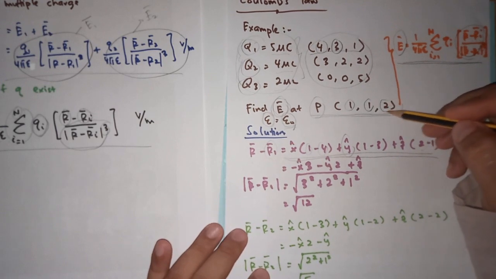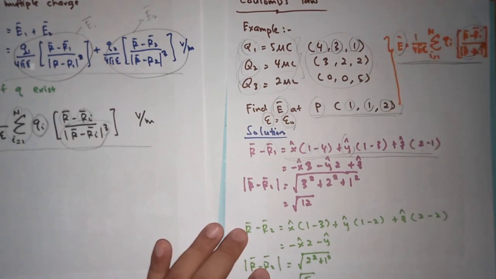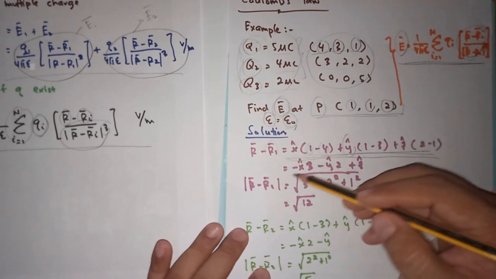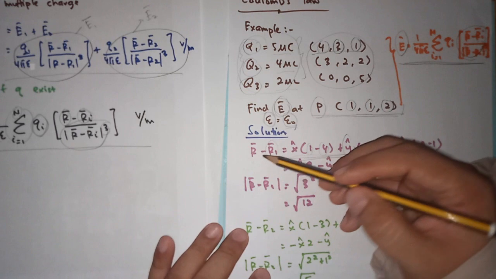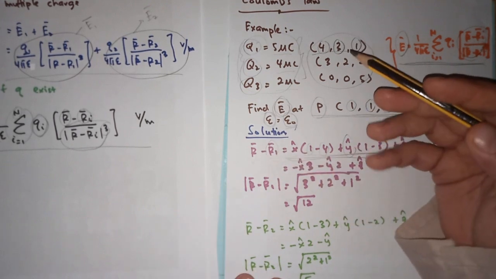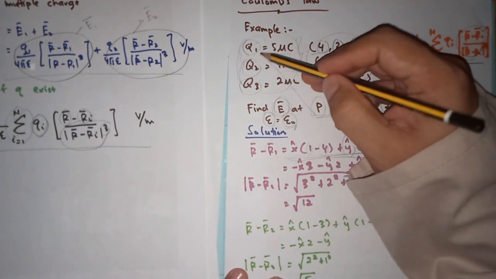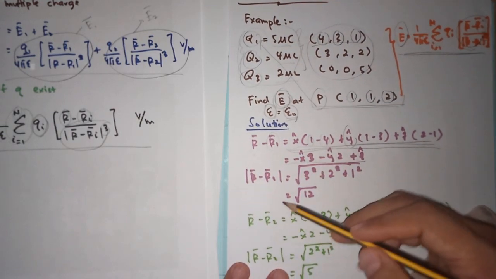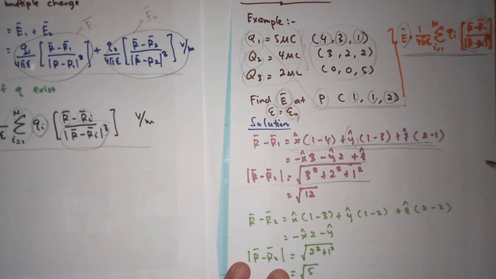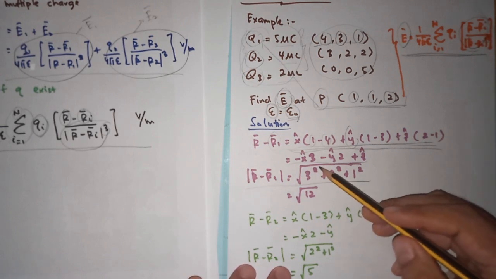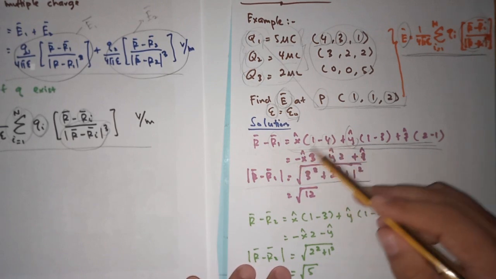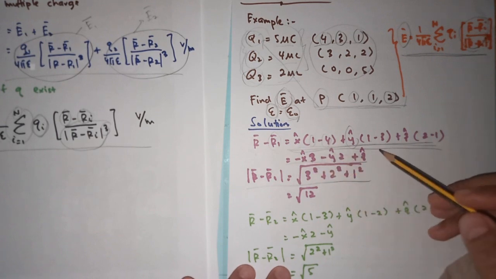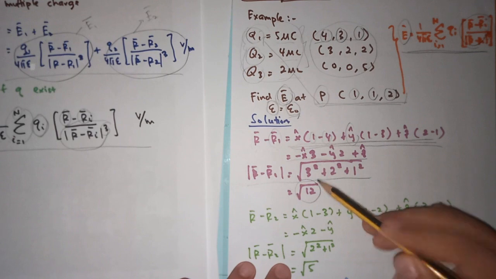By solving this expression, we get the vector that represents the distance and direction from our test point to Q1. This is the amplitude of that vector: we sum the squares of each component x, y, z, and we get the square root of 12.